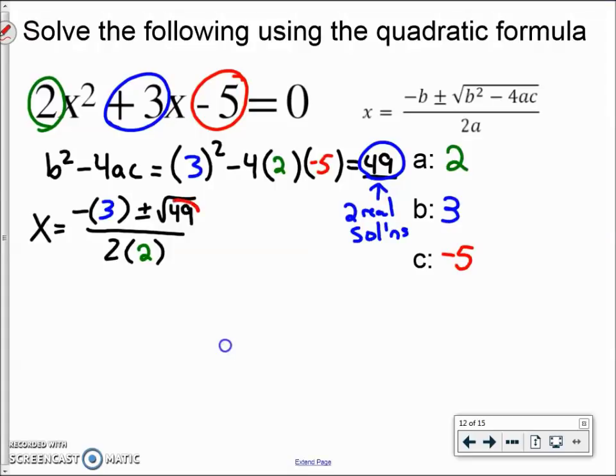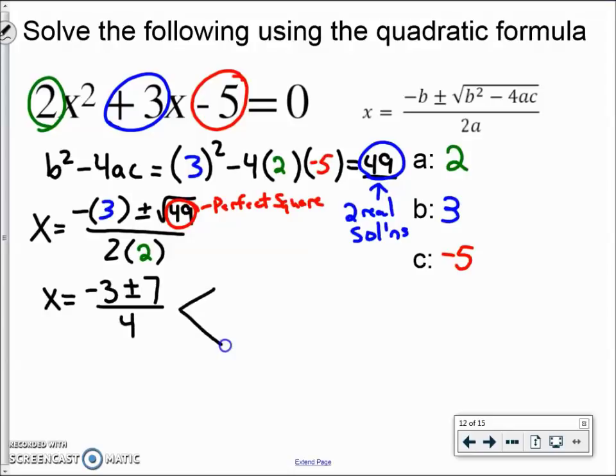I see that 49 is a perfect square. And so my answers will break down to x is equal to -3 plus or minus 7 over 4, which I can then split up into both the plus and minus version.